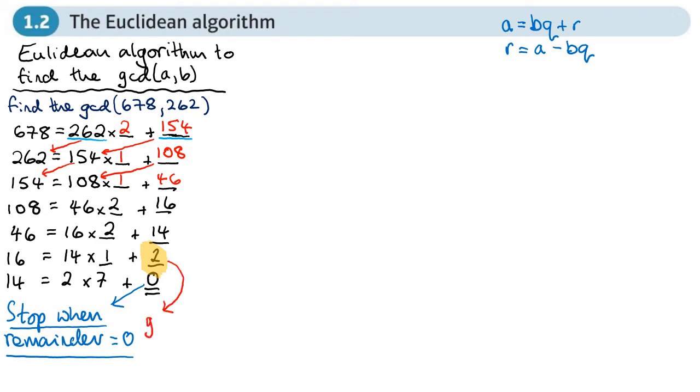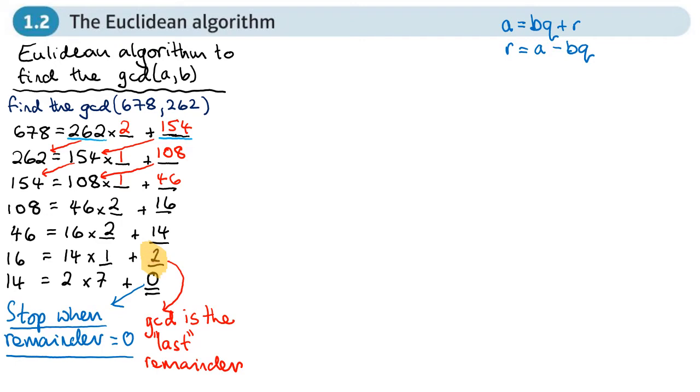Okay, so GCD is the last remainder, because the remainder we got after that was 0. Yeah, so the last remainder here gives you the greatest common divisor.